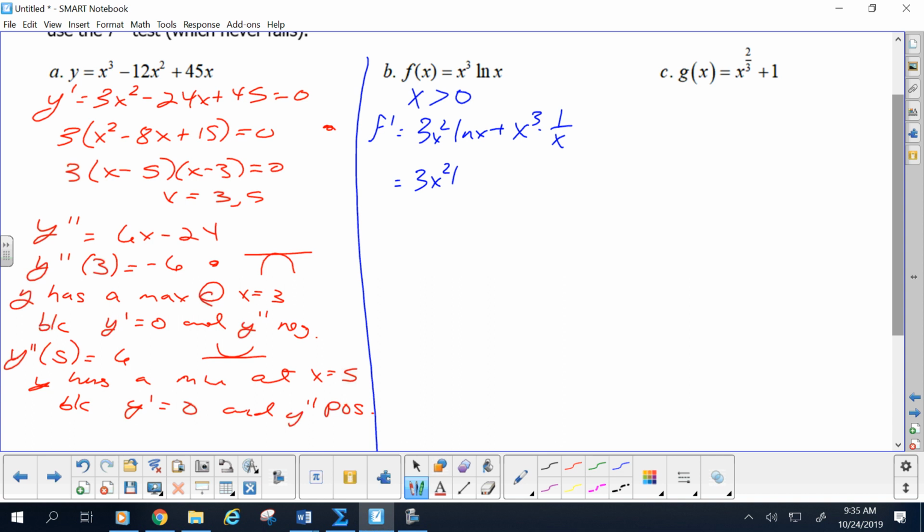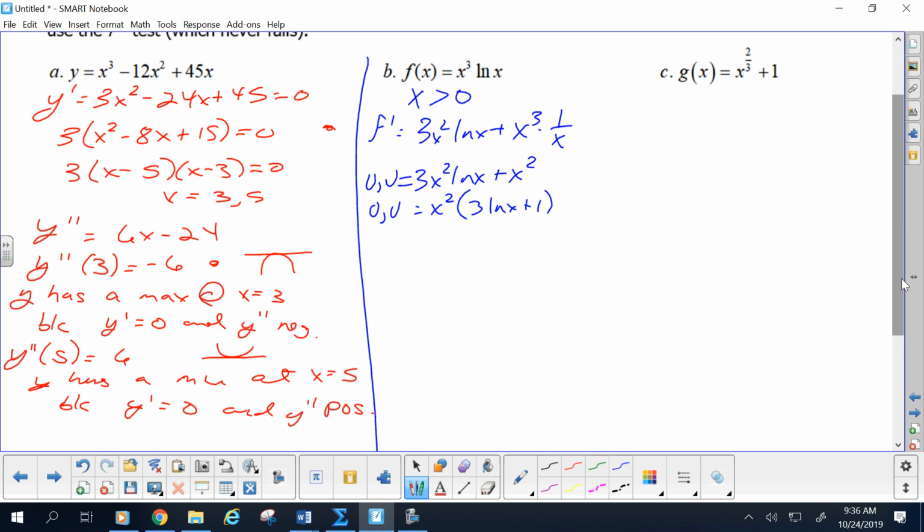Do I need to find the zeros here, or no, just move on to the second derivative? Need to find the zeros, the critical numbers. Okay, so how would you go about solving this equation? It's not easy algebra, for sure. Well, that is x squared times 3 log of x plus 1.